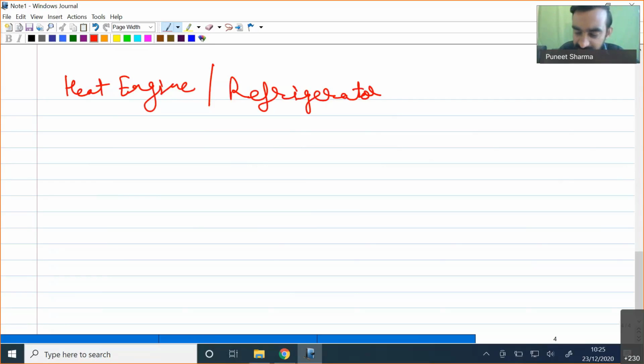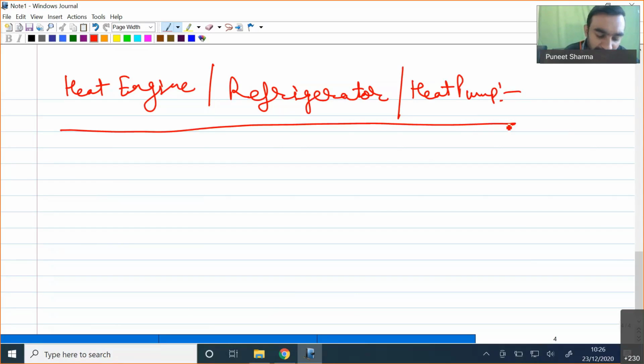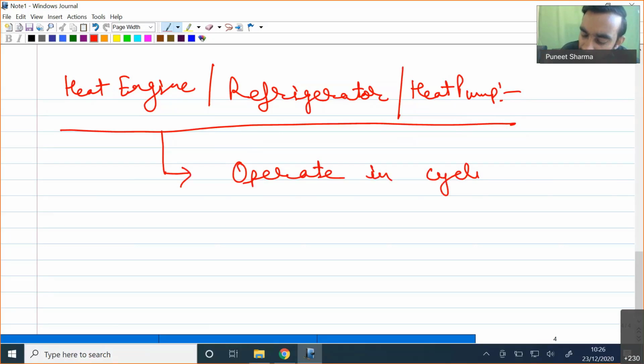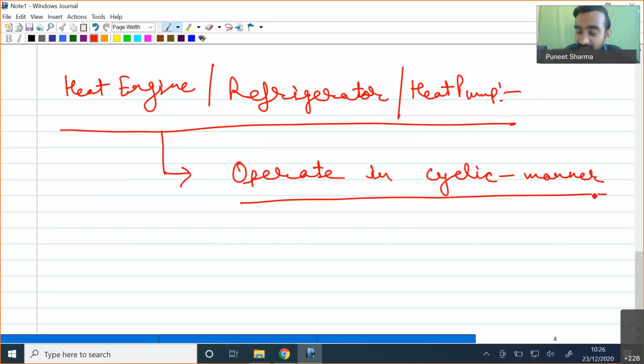The objective is different, however the mode of operation is almost the same. Another system we can call the heat pump. So heat engine, refrigerator and heat pump are the devices which allow us to operate in a cyclic manner.